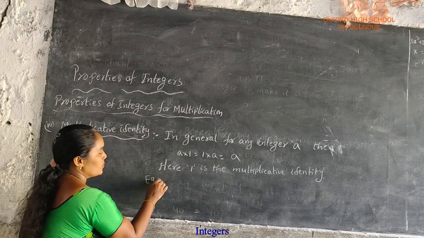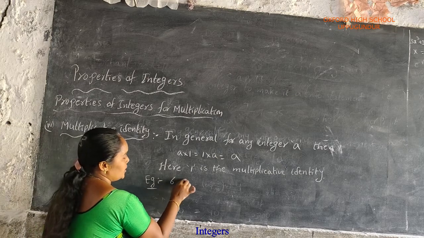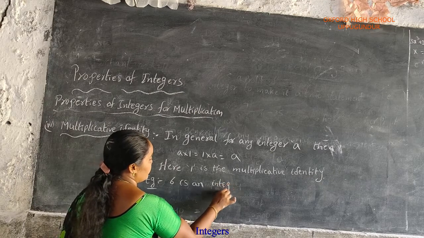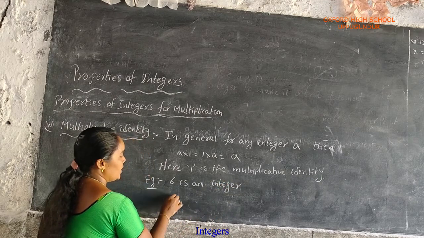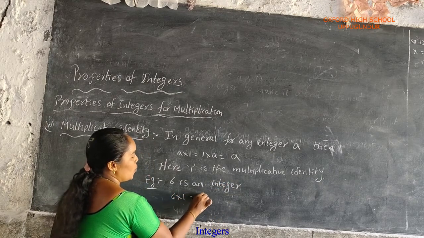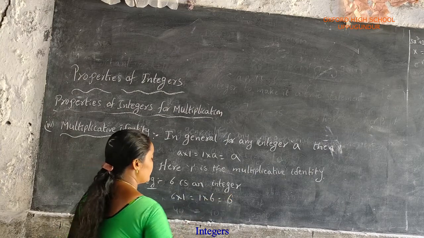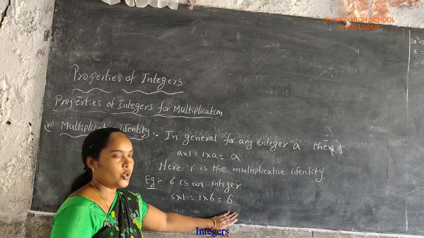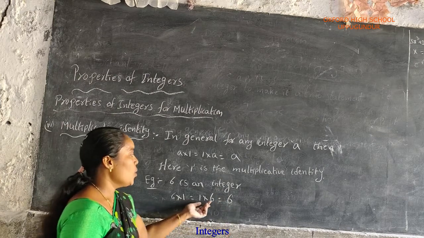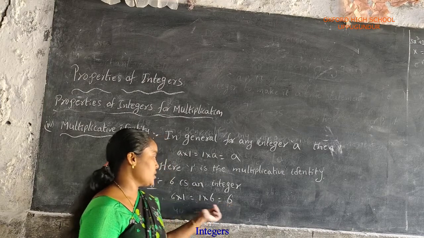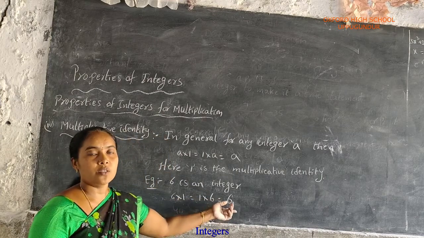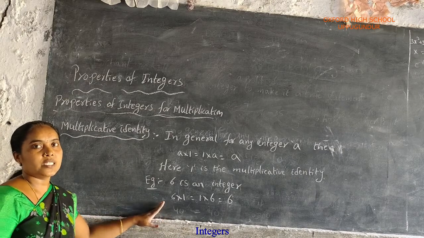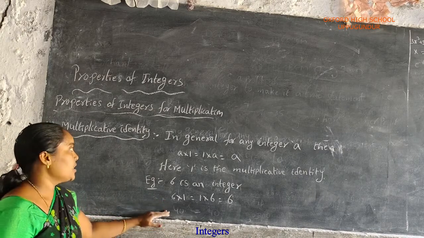Example: 6 is an integer. 6 into 1 equals 1 into 6 equals 6. 1 into 6 equals 6 into 1 equals 6. So here 1 is the multiplicative identity.